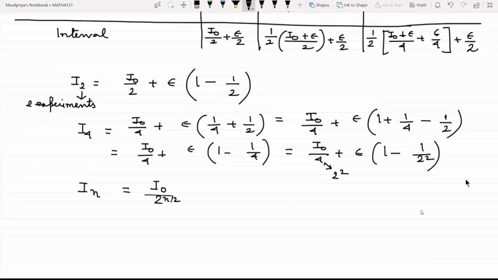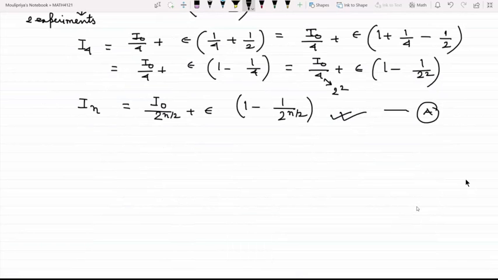Can I write it like this? Yes, ma'am. I'm calling this A.